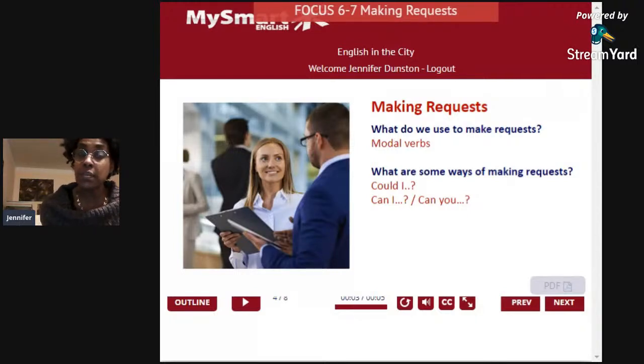Are these the only three? Could I? Can you? And Pietro says may I. May I is more for asking permission, but we can also use it. For example, in school, when we were younger, we were taught to ask, may I go to the bathroom?